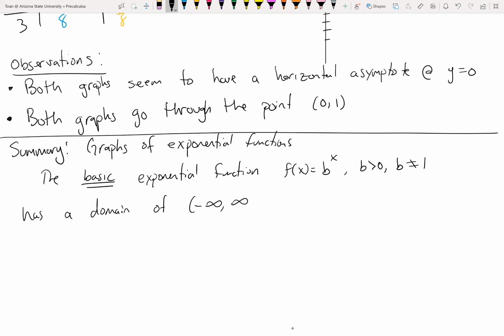In the previous graphs, we saw that it goes forever to the left and to the right, but it has a range of 0 to infinity. It hovers above the x-axis. The line y equals 0 is a horizontal asymptote.